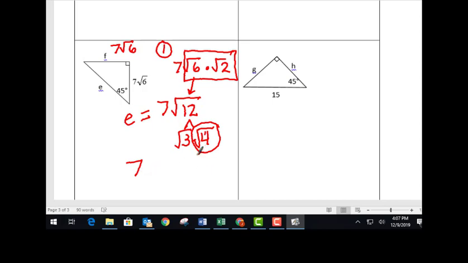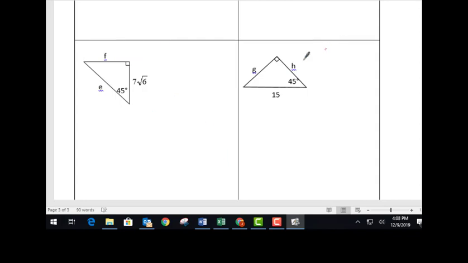So I'm going to bring the square root of 4 out as a 2 and leave the square root of 3, because I can't do anything with that. So really, 7 square root of 12 is the exact same thing as 7 times 2, or 14 times the square root of 3. So really the true answer is 14 times the square root of 3. However, 7 square root of 12 would be acceptable for you for a test or a quiz for right now.